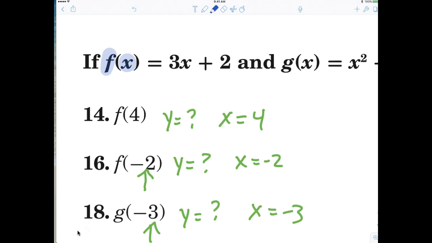So in this case, f of 4 means to plug 4 in for that x. And tell me what the answer is. 14. And I'm telling you, honestly, it's that simple.